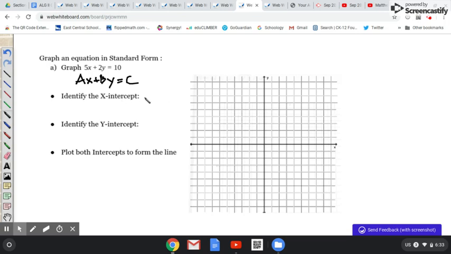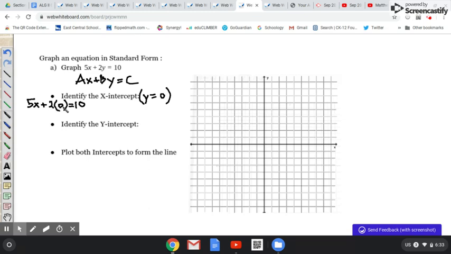So to find the x-intercept, we have to remember that y is going to be 0. First bullet point: we're looking for the x-intercept, so that tells me that y is 0. So I'm going to plug a 0 in here and solve for x, using some of our solving skills to figure out what the x value is when y equals 0.